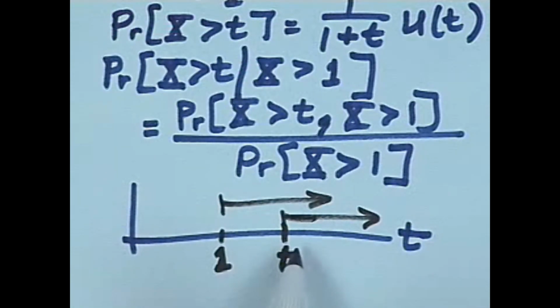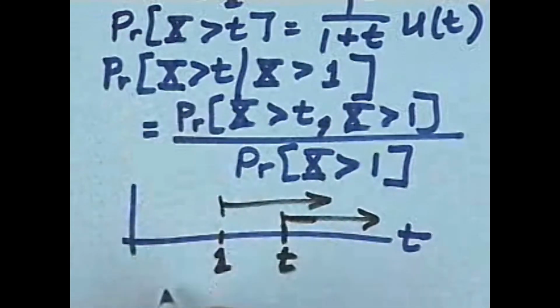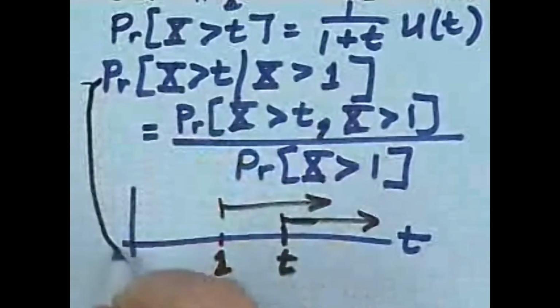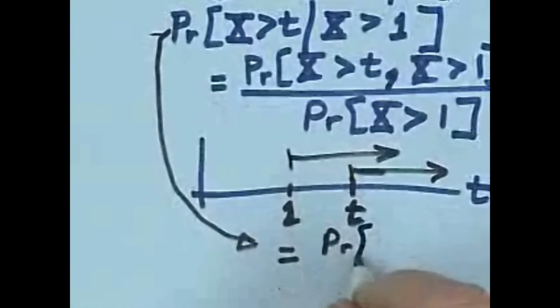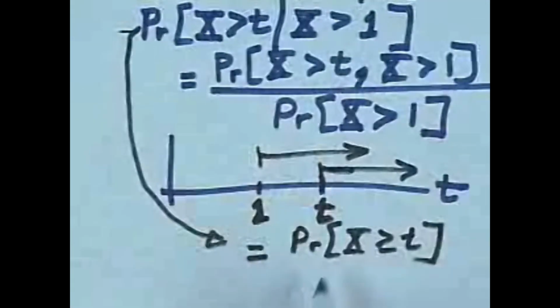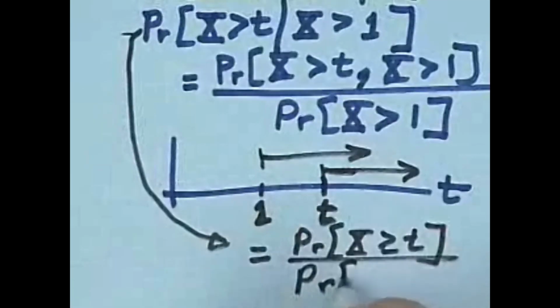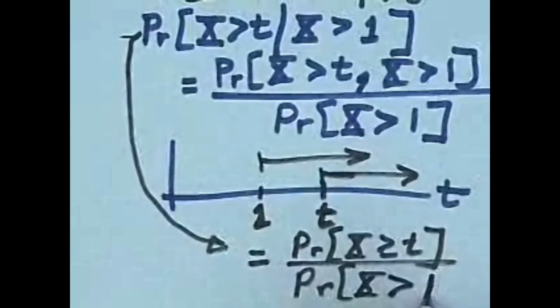So as long as t is greater than 1, which we know that it has to be, this probability is equal to the probability that x is greater than t. That whole numerator becomes this relationship, and the probability that x is greater than 1. Do you agree with that?